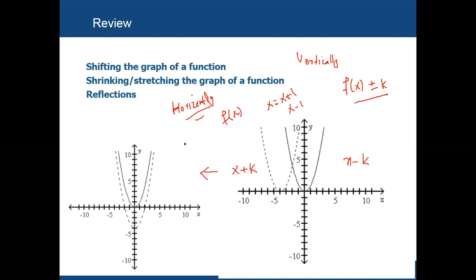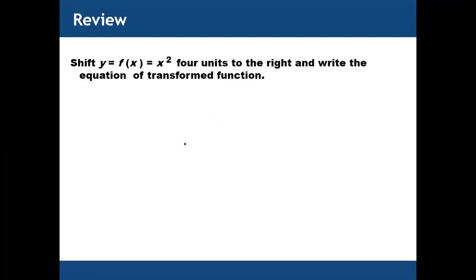Okay, some multiple choice questions. Try this one and tell me which option is correct. For example, if we have y equals x square and we want to shift 4 units to the right side, what will be the equation after transformation? The parent function is y equals x square.